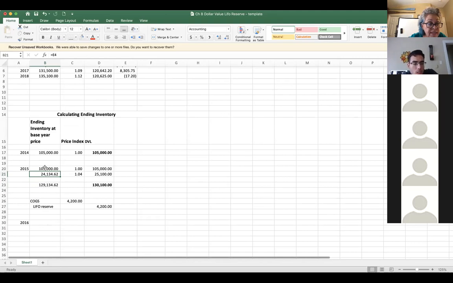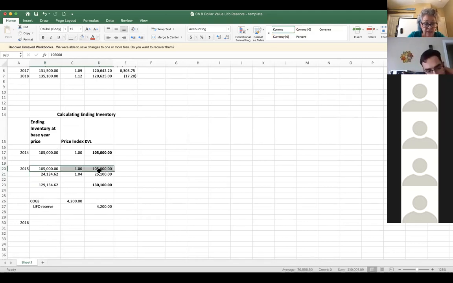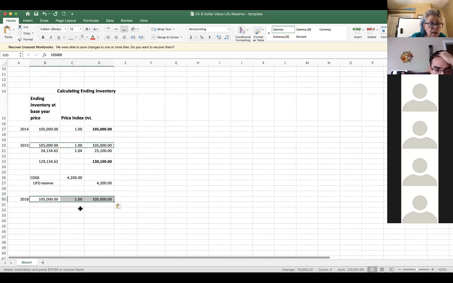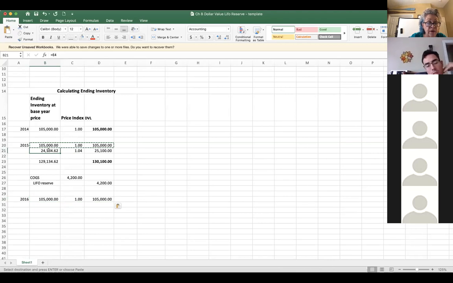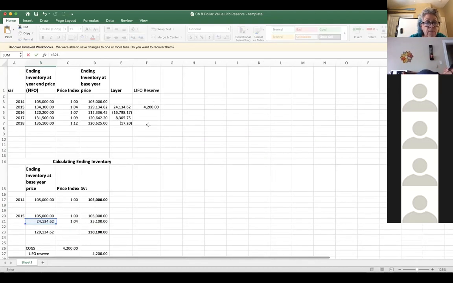So in 2016, I still have my 105 layer, but my 24 layer is going to be reduced by the amount that I liquidated.